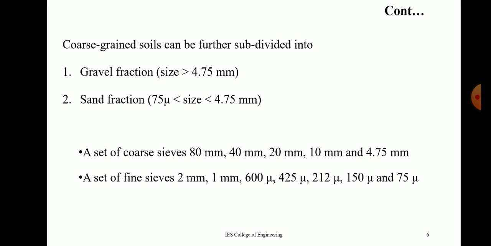A set of coarse sieves used for sieving gravel fraction are 80 mm, 40 mm, 20 mm, 10 mm and 4.75 mm. And a set of fine sieves used for sieving sand fraction are 2 mm, 1 mm, 600 micron, 425 micron, 212 micron, 150 micron and 75 micron.